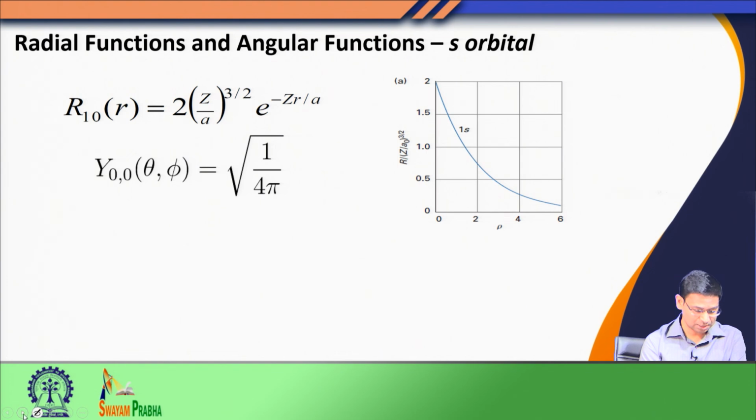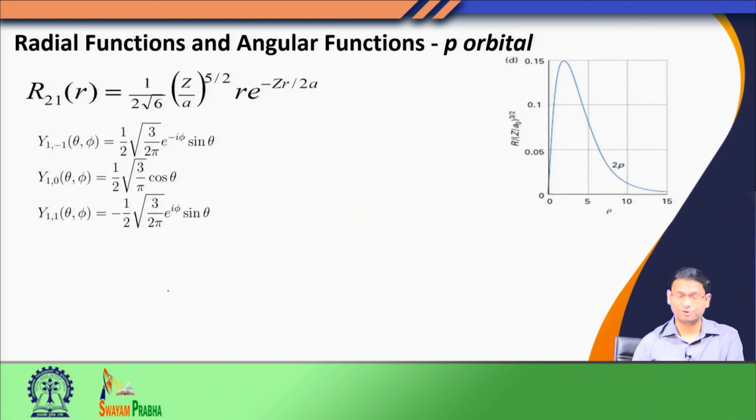Now, we would further move to the case of the p orbital. Again the same analogy: I have the system defined as r, this is my z axis, this is the x axis, this is the y axis. So, this angle is theta, and the angle that the projection of this point on the xy plane makes is phi.